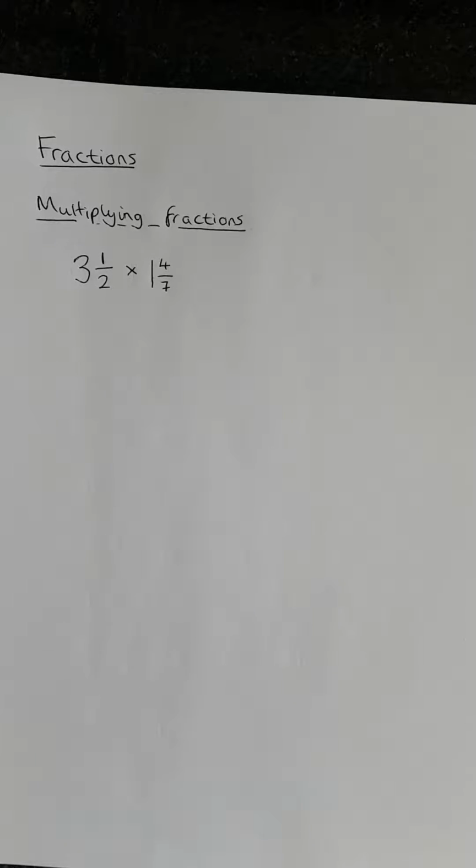Now, is this a different rule to what we've learnt so far? Perhaps it's the same rule, but we just have to work out how to use it. Let's have a look.